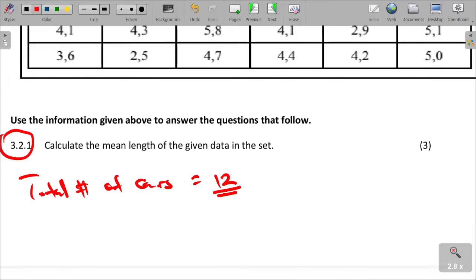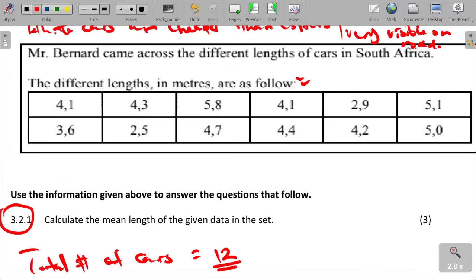Then the sum is equal to when we add all this data set, all this information.